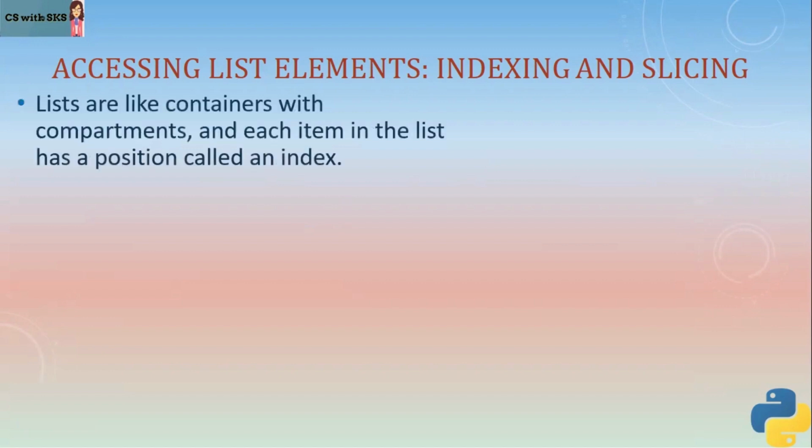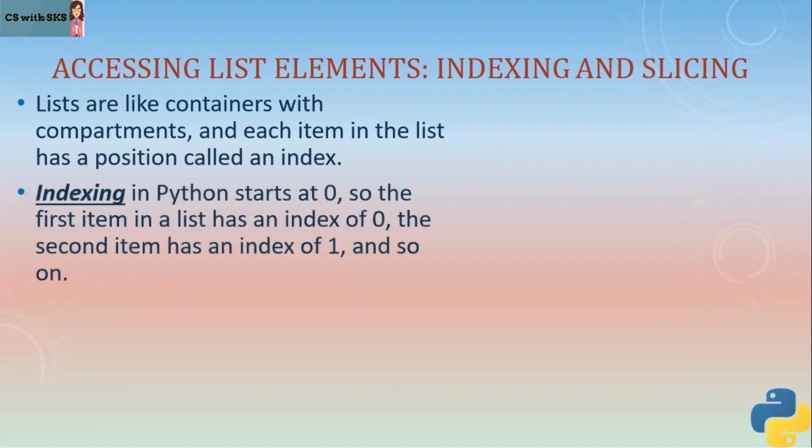Now, as you know, lists are like containers with compartments, and each list item has a position called index, right? So first list item starts with indexing value 0, and last list item has indexing value whatever the length of the list is, minus 1, right?